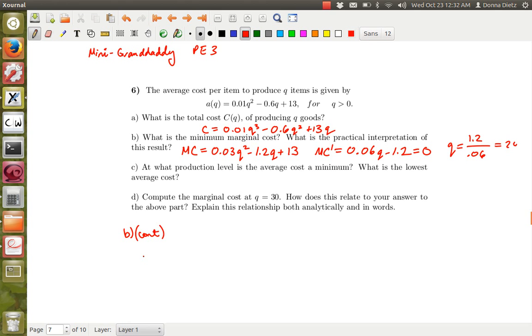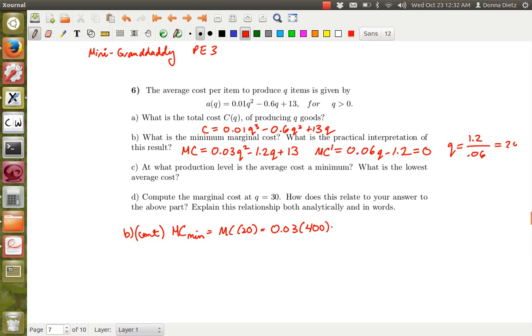So B continued. Let's say Q is 20, and now we want to know what the minimum marginal cost is. So you just chuck this into marginal cost. You have 0.03 Q squared. Q is 20, so square it, you get 400.